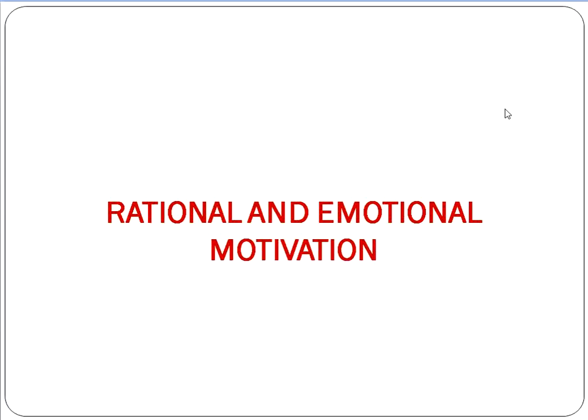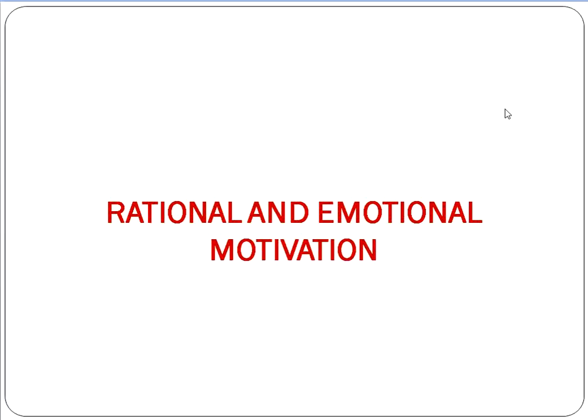Rational motivation. If we understand all these things from an educational perspective, then the example will be like this. For example, if a student understands that he is adept in science and only after that he is opting for the science stream after the SSLC examination, then this type of motivation is called rational motivation.